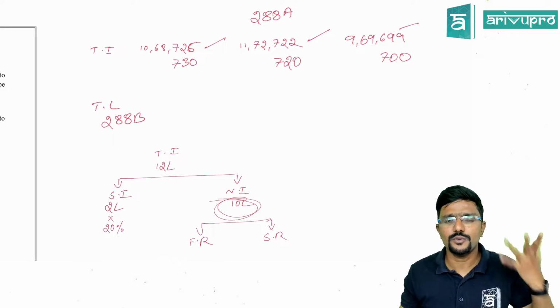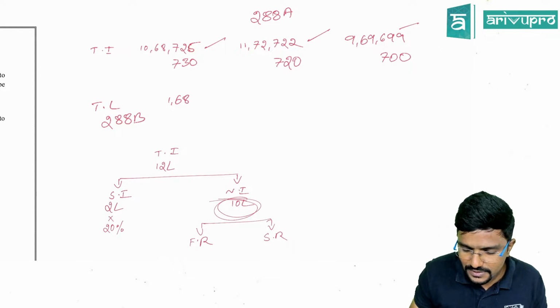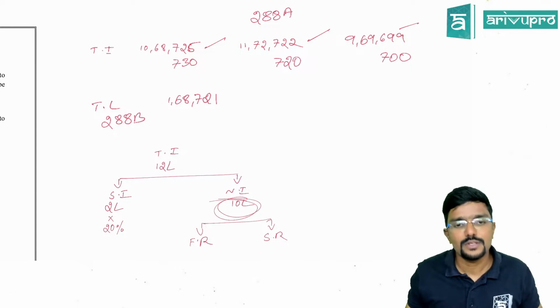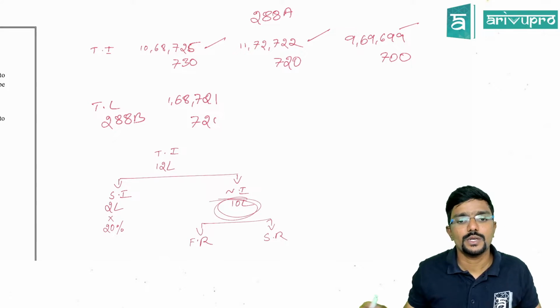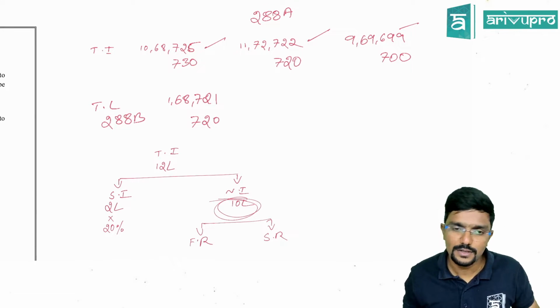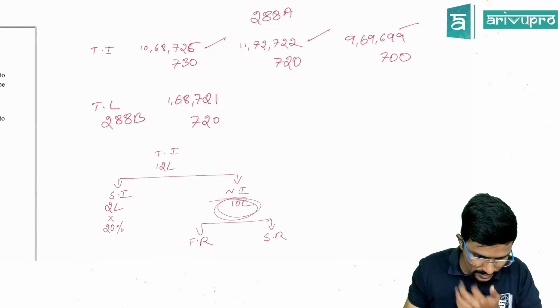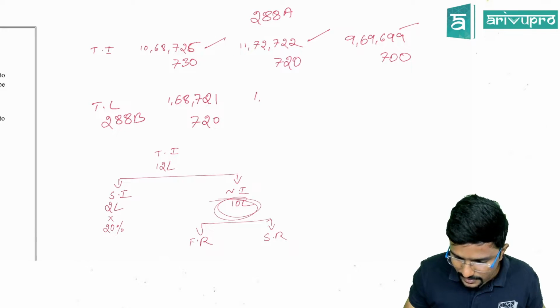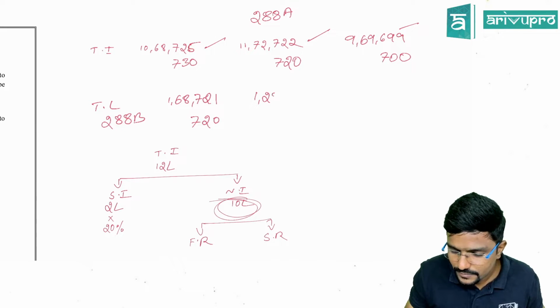Under section 288B, round off the final tax liability to the nearest 10 rupees. Assume the final tax liability you got is 1,68,721. You will round it off to 1,68,720. Clear? Next, Viren, you will answer this. Sir, my tax liability is 1,28,424.